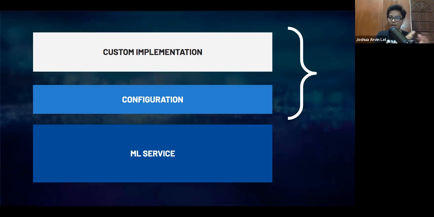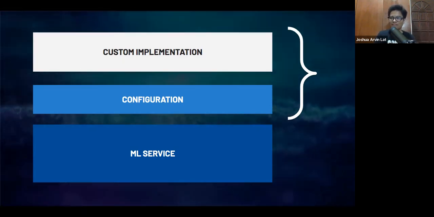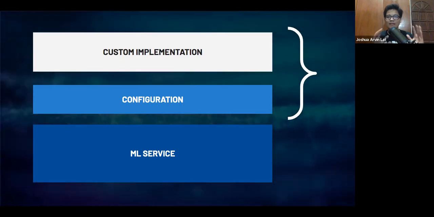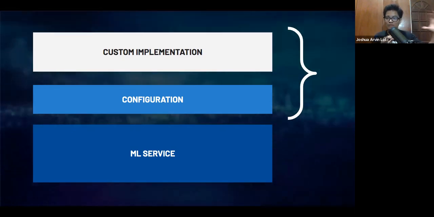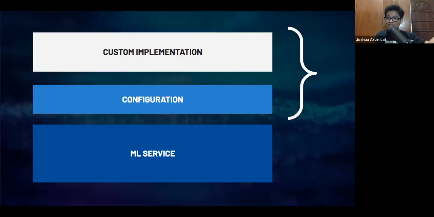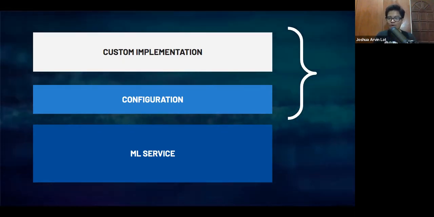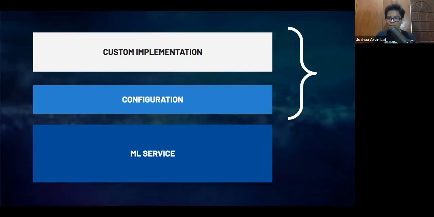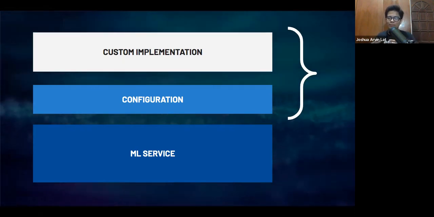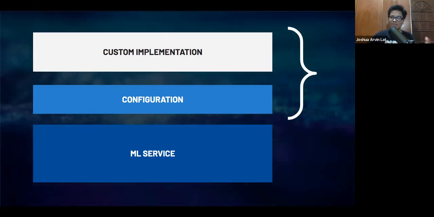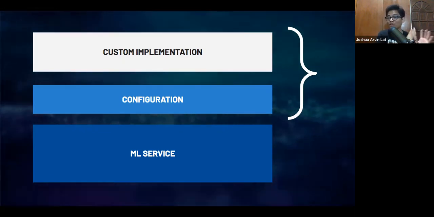But if you have someone to help you do your own custom thing, then that's possible also. What I want to share here is that the custom implementation work, of course, increases if we are not to use an ML service. So it's up to you which option would be best fit for you. Because if you're more comfortable using your own solution, then of course don't use the ML service. Just rely on your own custom tools.